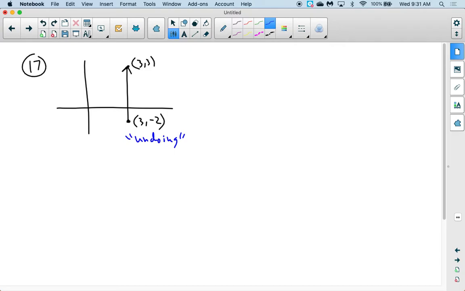So to do that, again, he calls this V. So V in component form would be 3 minus 3, comma, 3 minus -2. Right? So V in component form would be 0, 5.